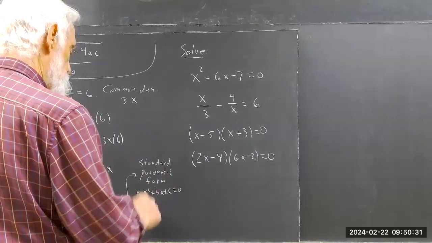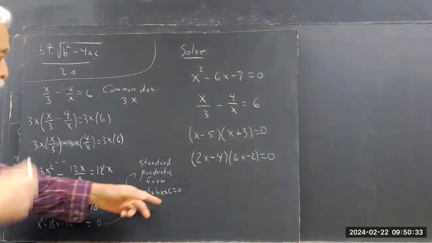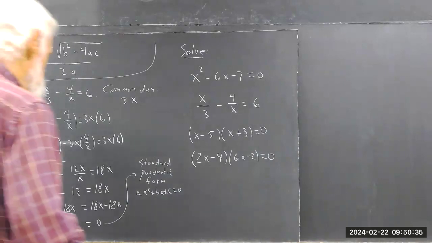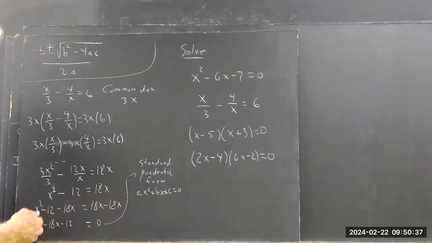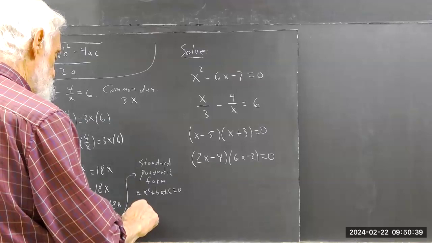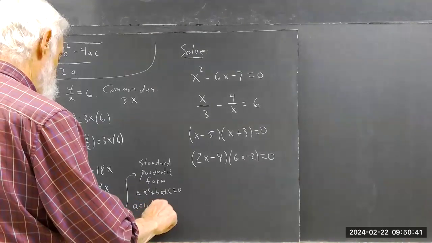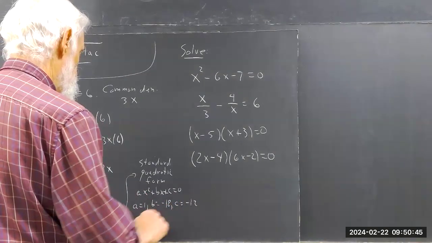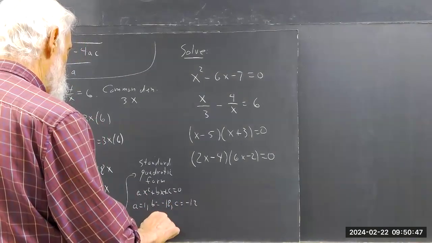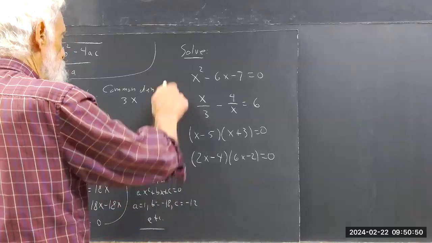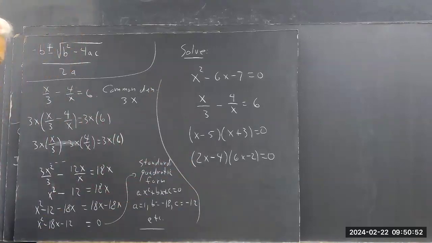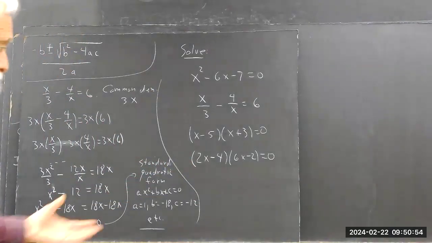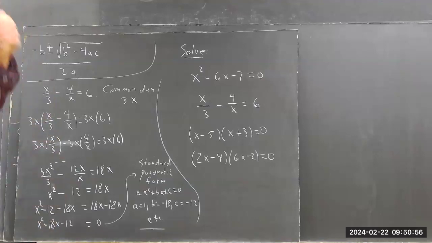And actually, I should probably call it general, but it's the usual form. And we can identify a, b, and c. a is 1, b is negative 18, c is negative 12. And we just do as we did before. I'm not going to go through the details. And we get the result. Okay.